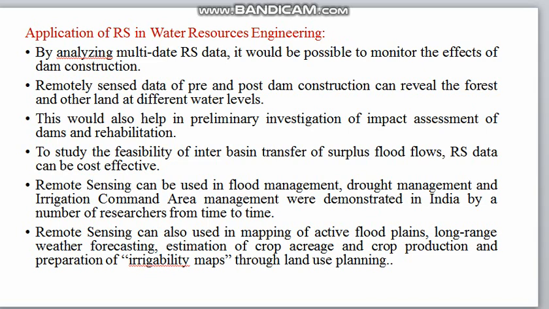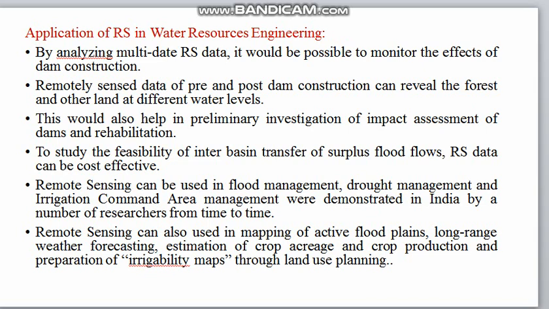This will help in the preliminary investigation of impact assessment of the dam and rehabilitation, and to study the feasibility of inter-basin transfer of surplus flood waters. Remote sensing data can be cost effective.